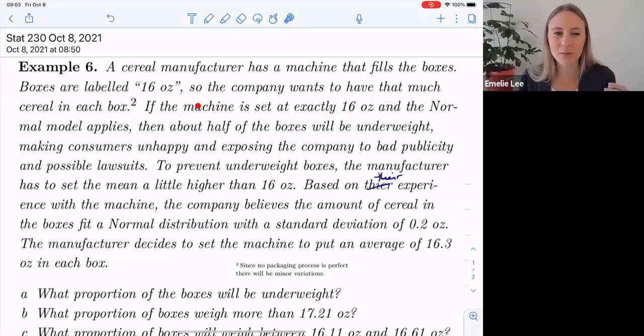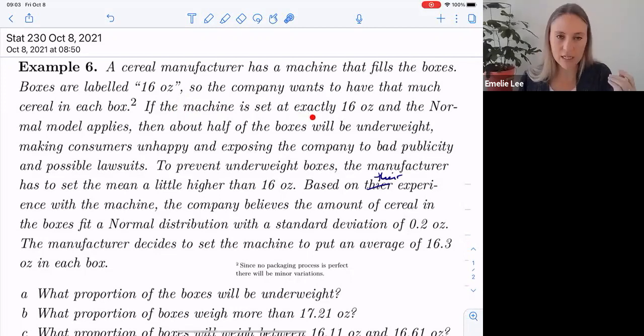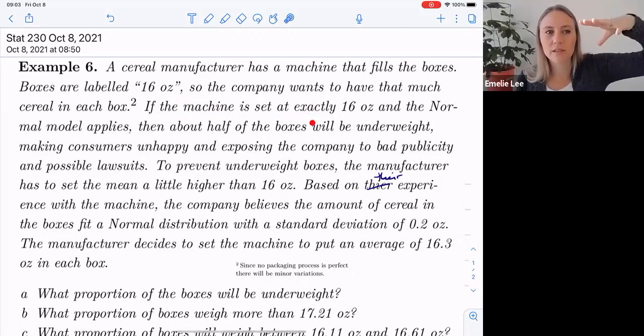If the boxes are labeled 16 ounces, then of course the company wants to have at least that much cereal in each box. So the problem becomes that this machine sprays out cereal with every spray. If you set it to 16, the machine is going to distribute the cereal according to a normal distribution.